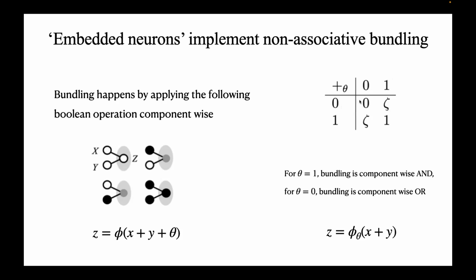But if only one is a 1, then with some probability a 1 will be chosen here or not. In other words, if this threshold here is 1, then this bundling is component-wise AND. And if this threshold here is 0, then bundling is component-wise OR.